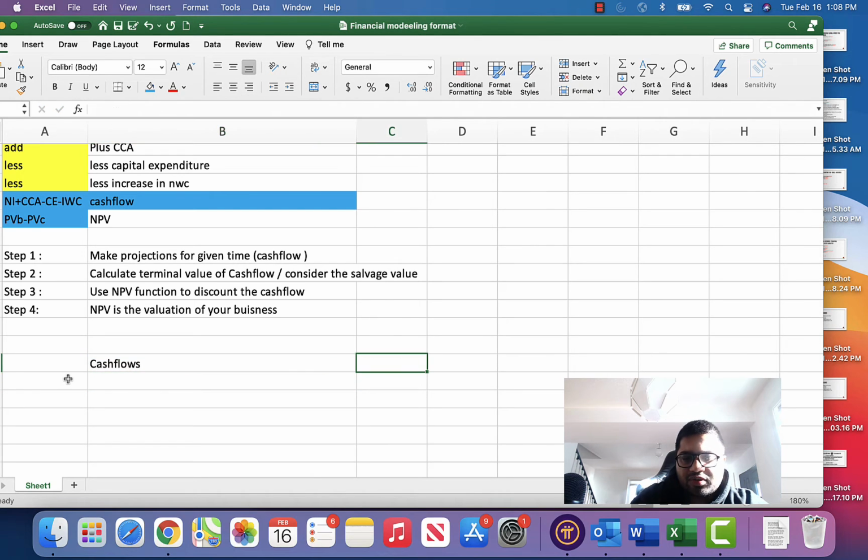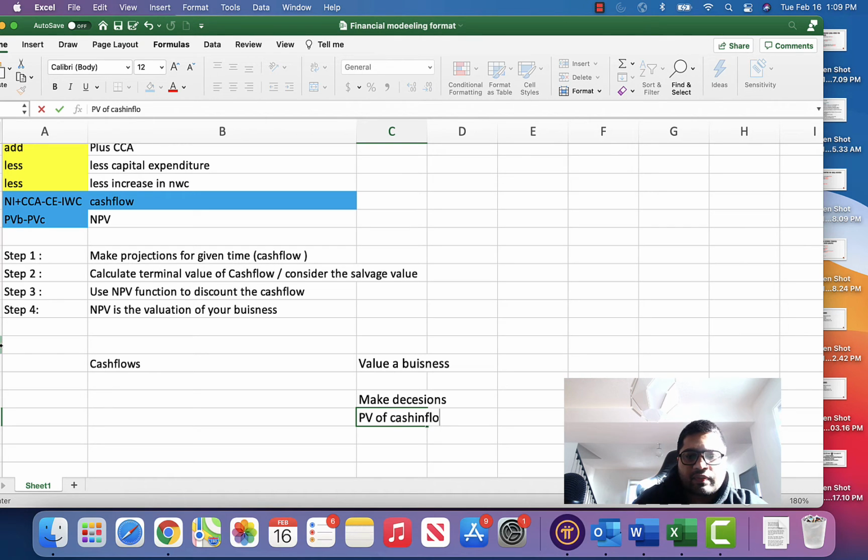Okay, so cash flows help you to value a business and make decisions in a business. So how do you make decisions? If present value of cash inflow is greater than cost of the project, we accept it.